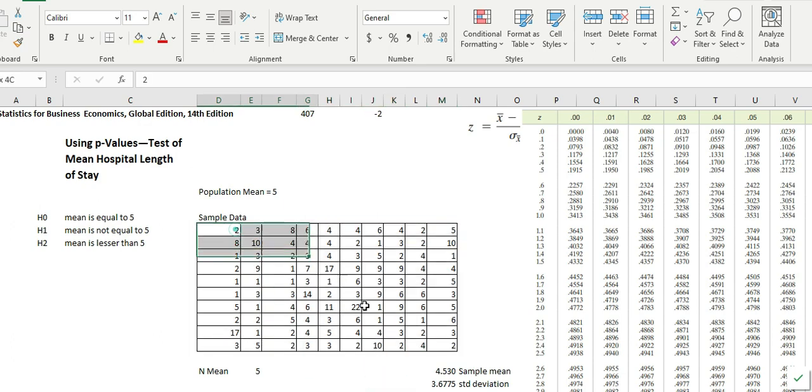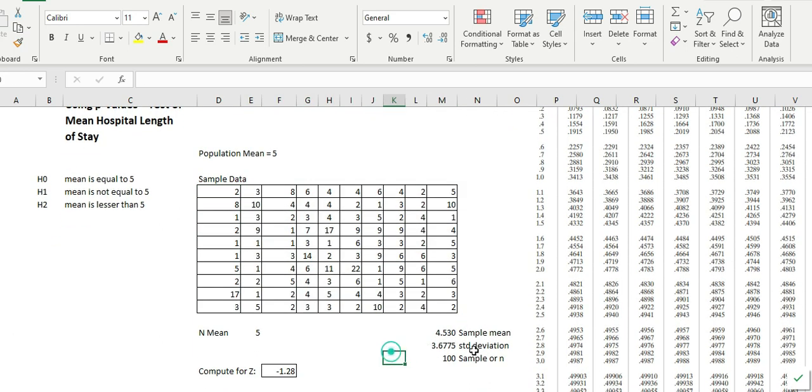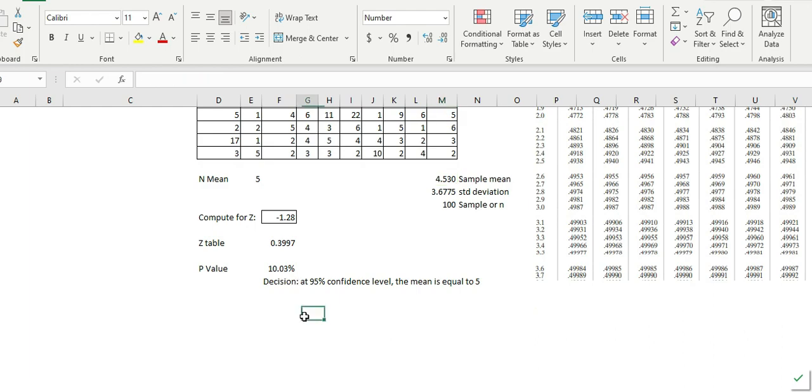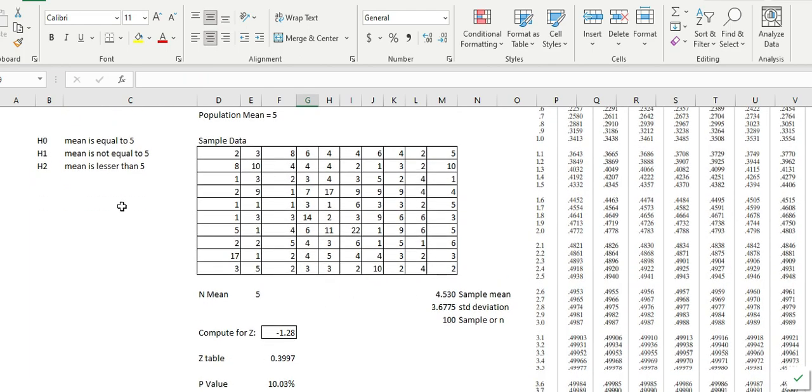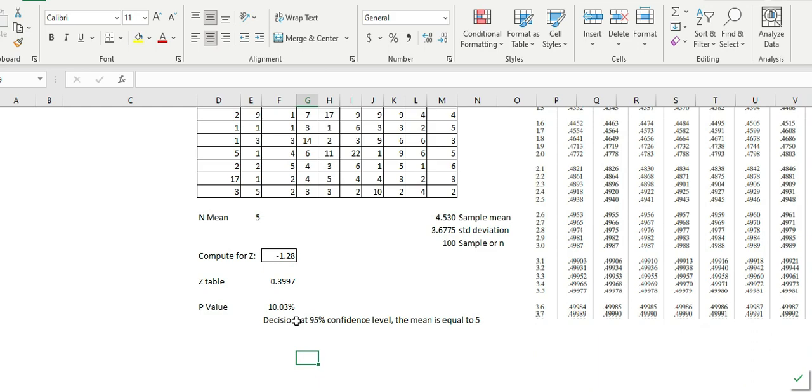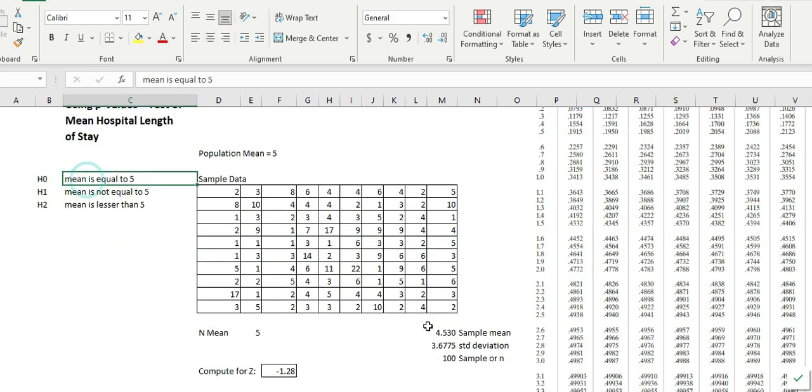Some stayed for 11 days, some stayed for 4 days, some stayed for only 1 day. But the sample mean is 4.5, and we compare it with the population mean of 5, and the answer is a 10% p-value. So therefore, we conclude that we will accept the null hypothesis because it's a 10% p-value.